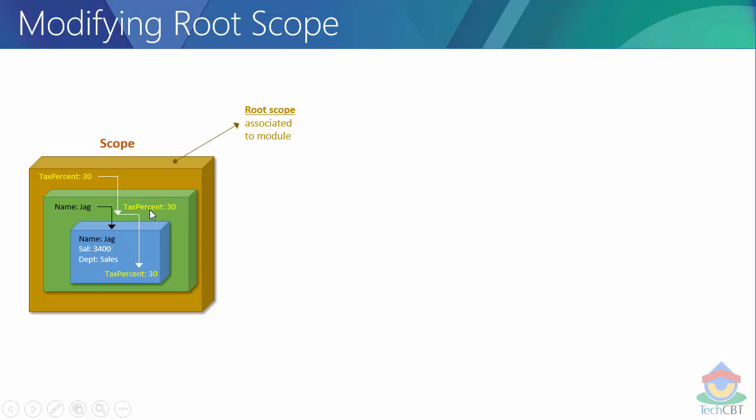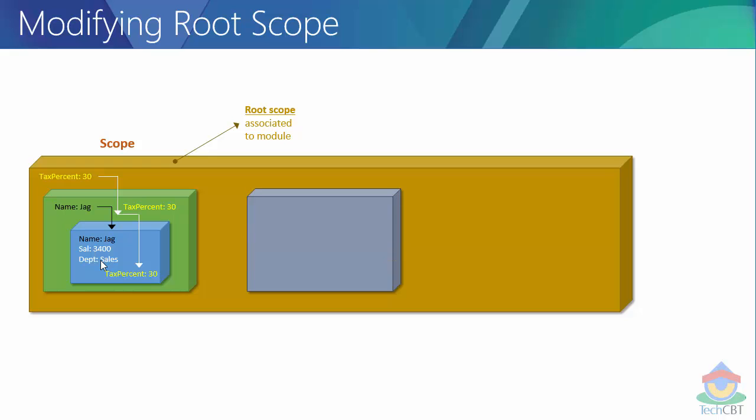Again, as explained in my previous slide, if there is one more scope inside another scope, it will inherit all 3, which means it will have name, tax percent and its own members as well. So we already understood this part. What is so special about this slide? Imagine I have 2 more scopes.